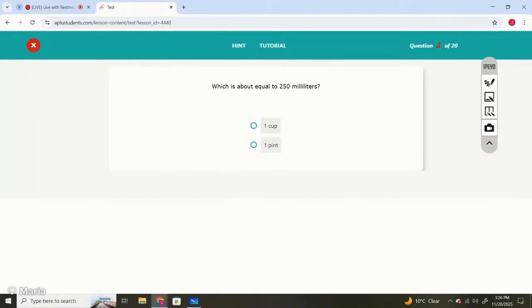Which is about equal to 250 milliliters? 250 milliliters equal 1 pint.